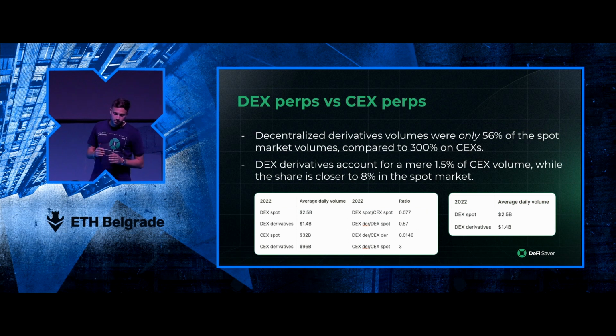However, when we compare the average volumes from DEXs versus centralized exchanges, we get that DEX derivatives account for only 1.5% of centralized exchange volume, while the share is closer to 8% on the spot markets.